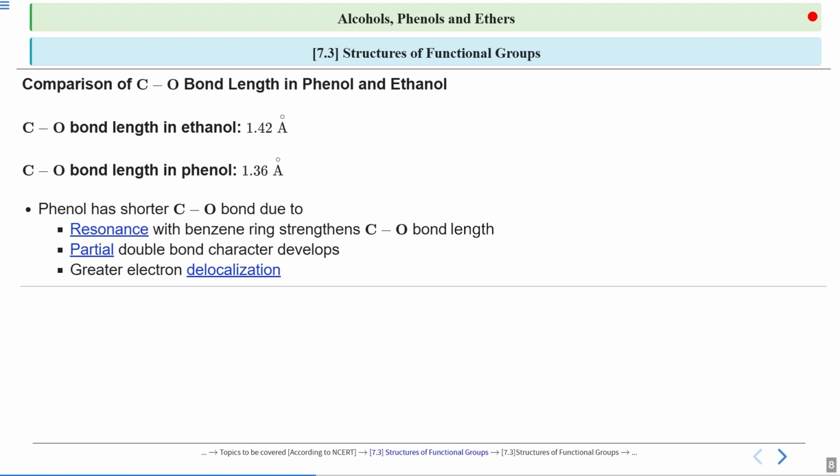So these are the three main factors: the resonance shown by the benzene ring, which strengthens the CO bond by developing a partial double bond character, and the p orbitals showing delocalization in the phenol ring. So there is greater electron delocalization, which causes the bond to be stronger and the CO bond length to be slightly less than in ethanol. Thus, phenol has a shorter CO bond length than ethanol.